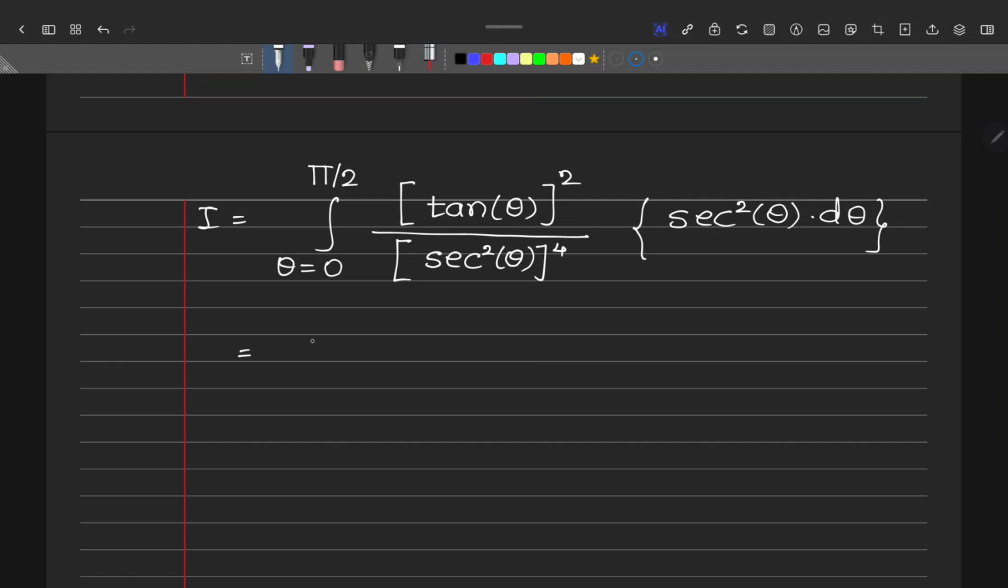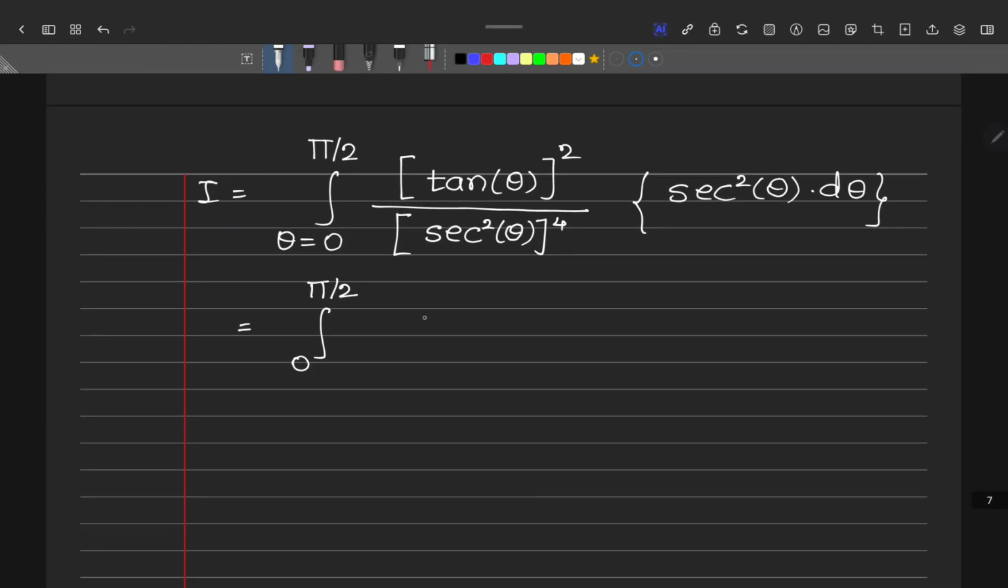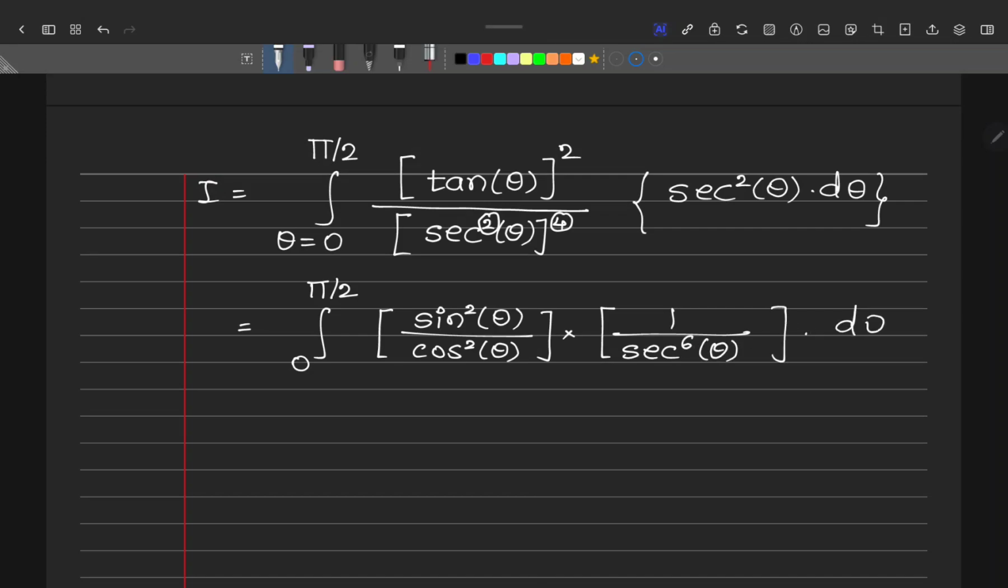So if you simplify, what do we get? Integration from 0 to pi by 2. We can write this tan square theta as sin square theta upon cos square theta. Then this will be sec square theta upon sec raised to 8 theta. So if you simplify, we get 1 upon sec raised to 6 theta into d theta.